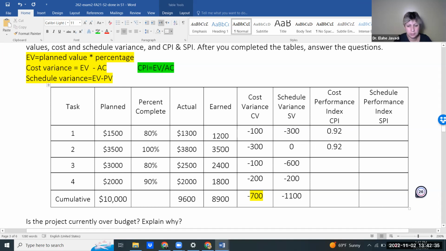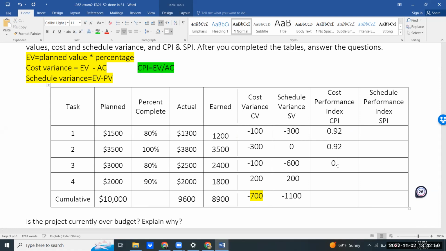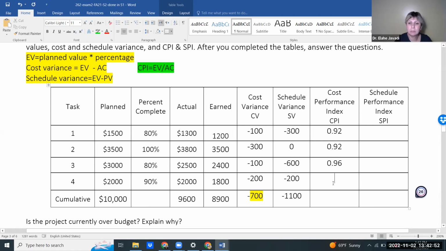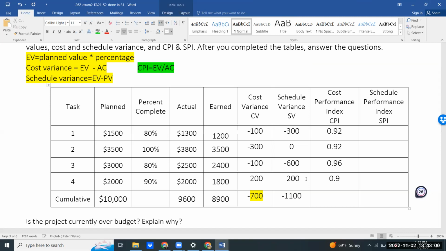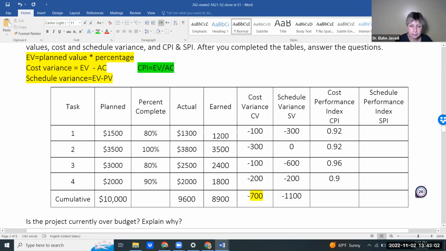So 35 divided by 38. Yeah, 0.92. Okay, interesting. Brandon? 0.96. For every dollar spent, you got 96 cents worth of work completed. Jacqueline, T4. 0.9. Nicely done.